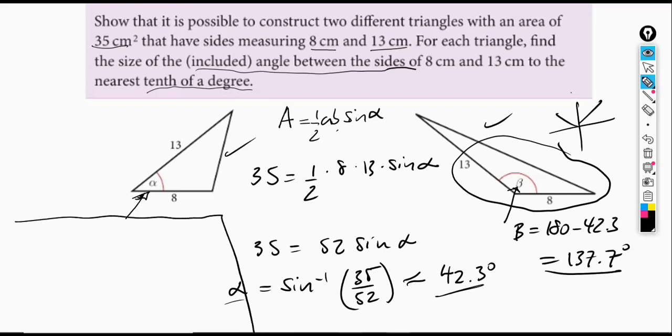And we are going to say then that 35 should equal 1/2 times 8 times 13 times the sine of 137.7. So we plug that into the calculator, and we are actually going to get a number that is very close to 35. Now, obviously, we are working with approximations. So you might get 34.999996 or something like that. So in conclusion, we can say they have the same area.